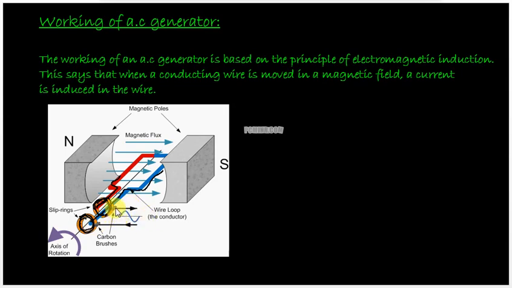So here you can see we have the carbon brushes, right? These are the carbon brushes which are just touching the slip rings. The carbon brushes which are touching the slip rings develop the contact between the load and the coil.